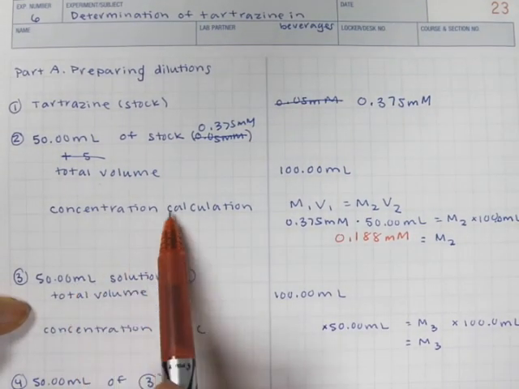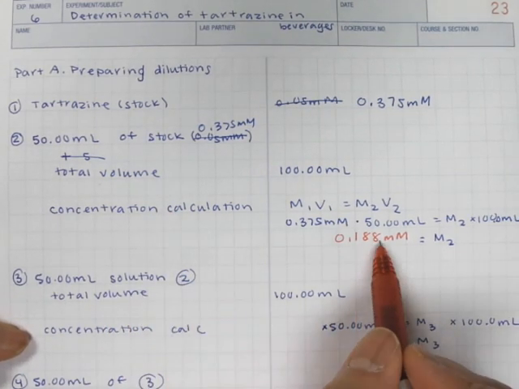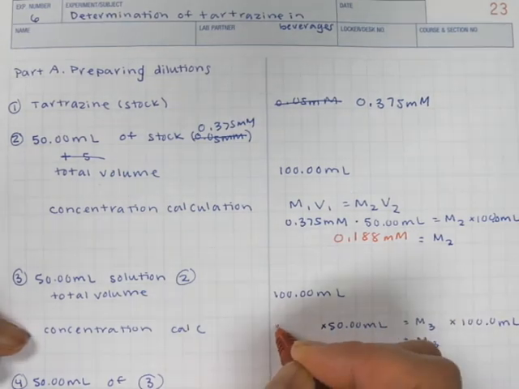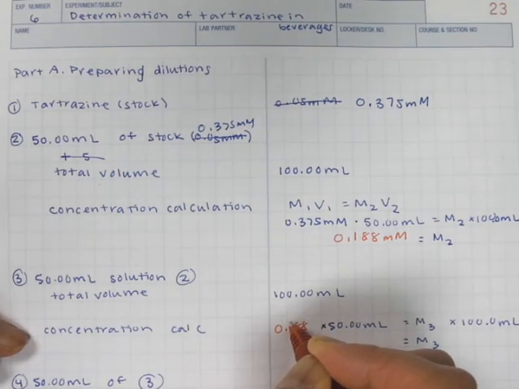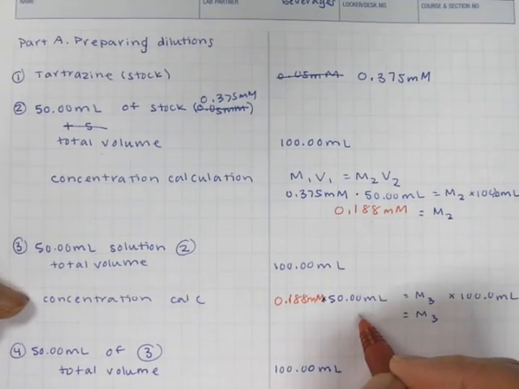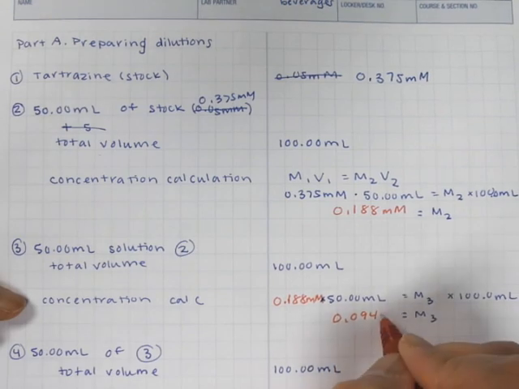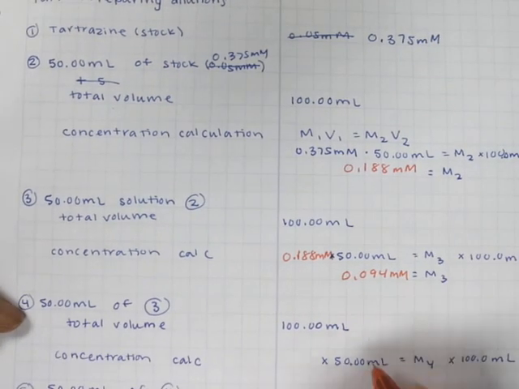For the second solution, you should have done the same type of dilution. You took 50 mL out of solution 2 and diluted it to the same total volume. This concentration here just gets put down here, and my new concentration is 0.094. And then you just keep doing that again.